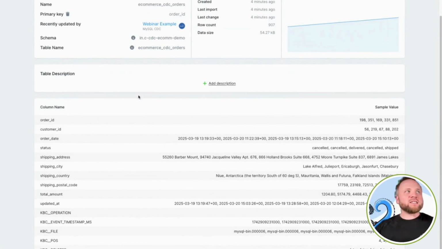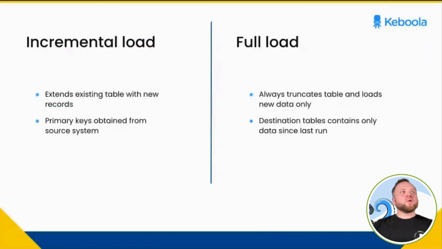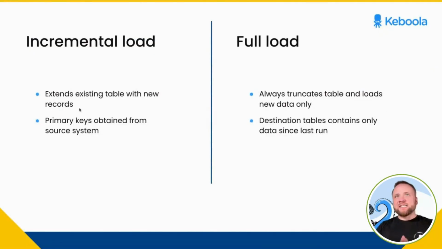We know that this table has primary key order ID because it was extracted from the source system. And if a new order ID occurs, this table won't have 907 rows, it will have 908 rows. It will be just another record.